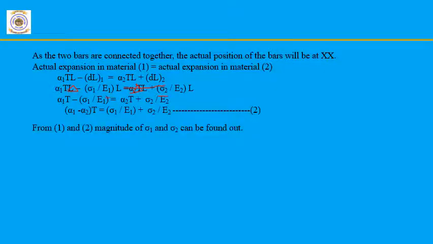If we take capital T as common, alpha 1 minus alpha 2 times T is equal to sigma 1 divided by E1 plus sigma 2 divided by E2. Call this one as equation number 2. Therefore using equations 1 and 2, the magnitudes of sigma 1 and sigma 2 can be calculated.